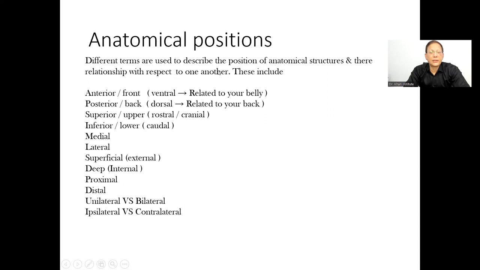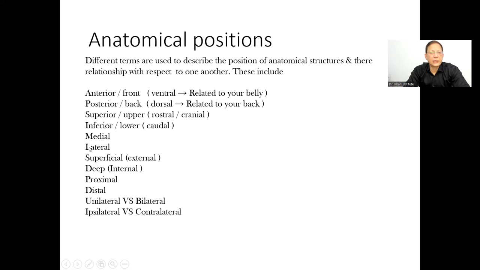These include anterior, we also use the term front or ventral. Posterior, we can also use the term back or dorsal. Superior, we can use the term cranial or rostral. Inferior, we can use the term caudal or lower.